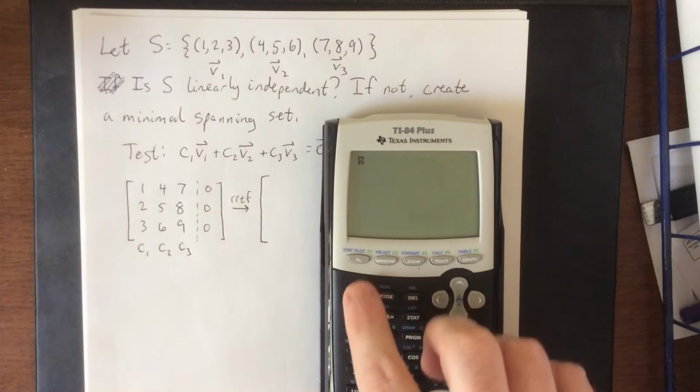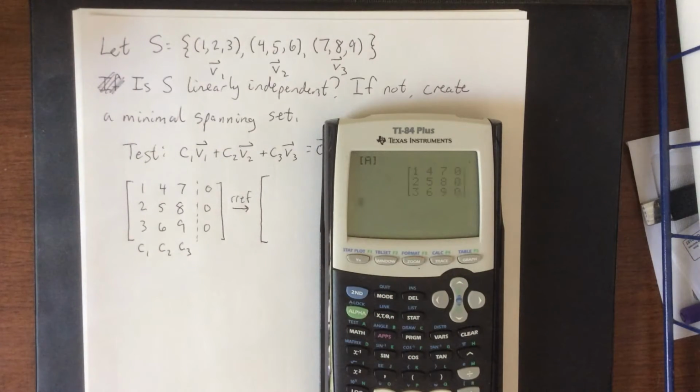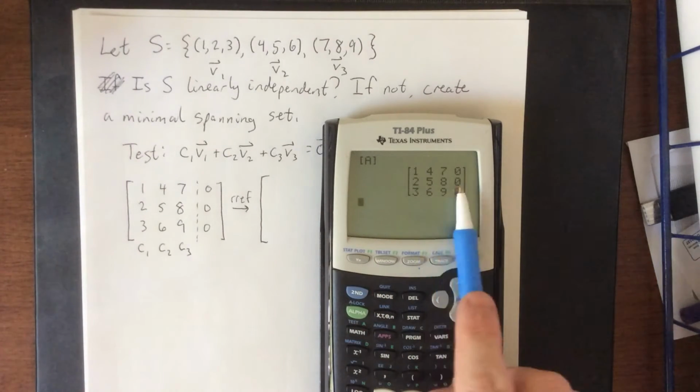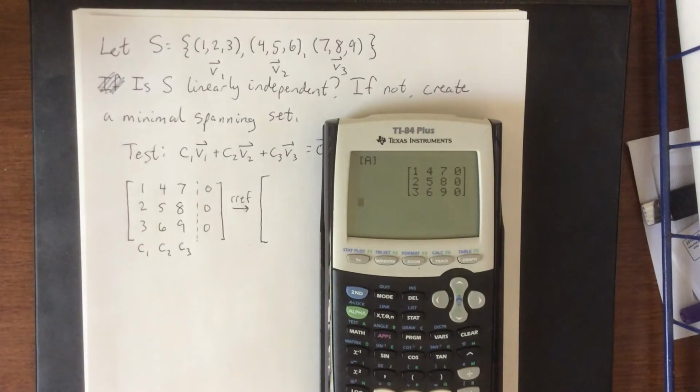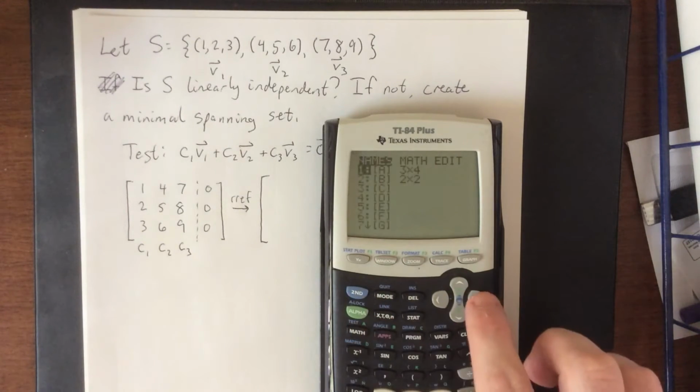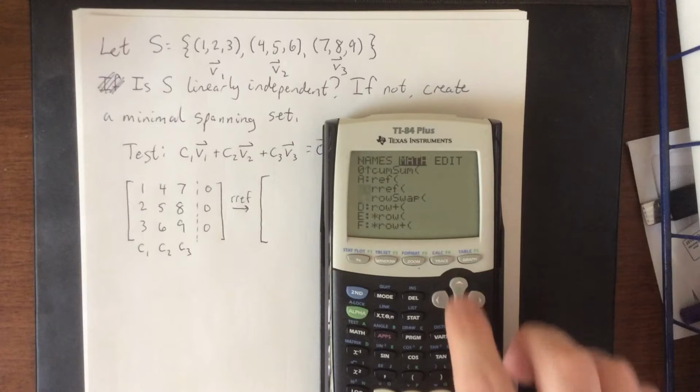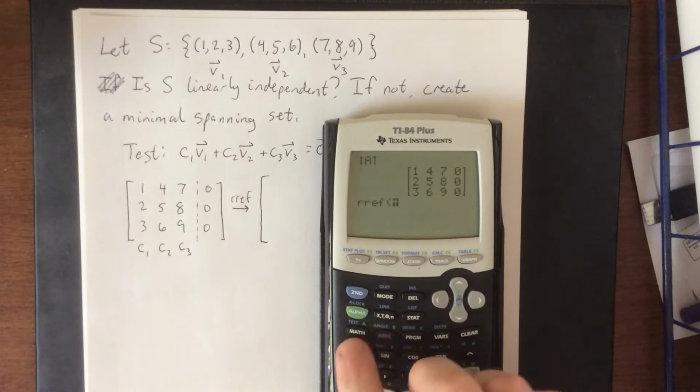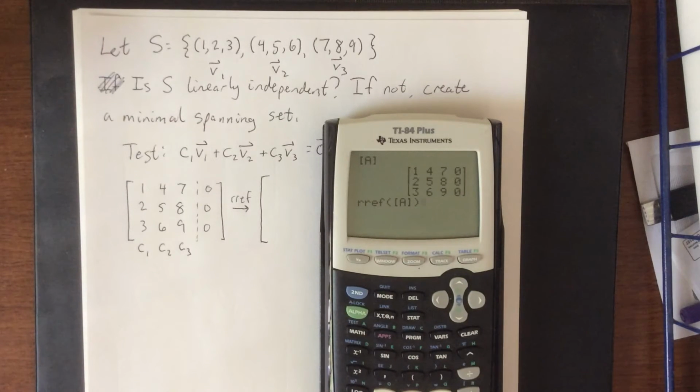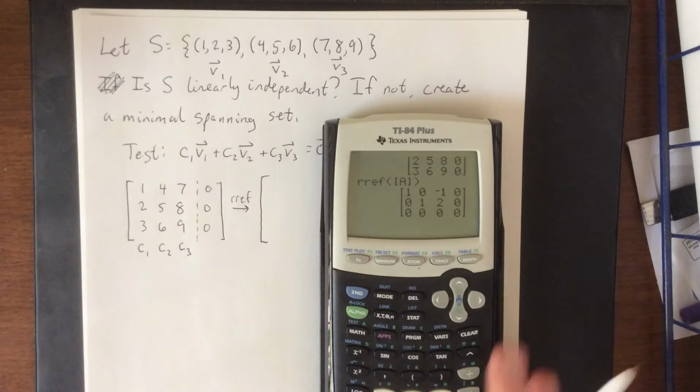We quit out, re-enter the matrix menu, and select matrix A to make sure everything loaded correctly. Then from the matrix menu, we select reduced row echelon form, select matrix A, and the calculator puts it into reduced row echelon form without complaints.